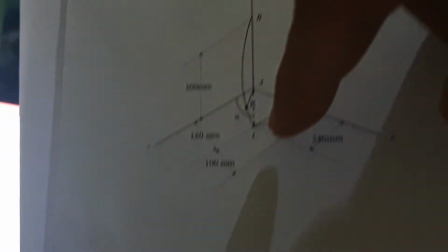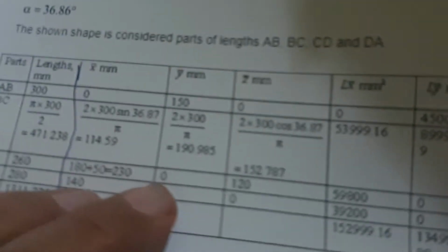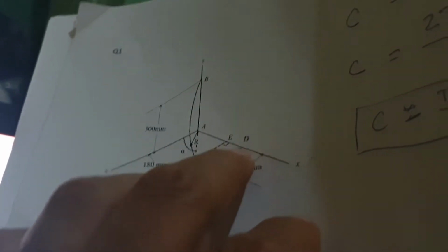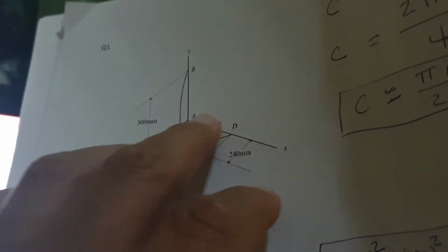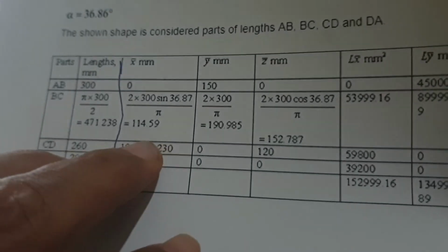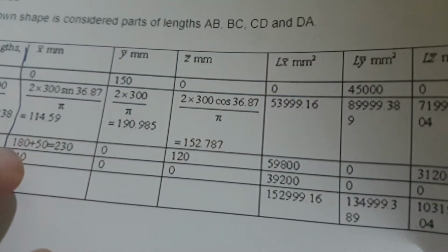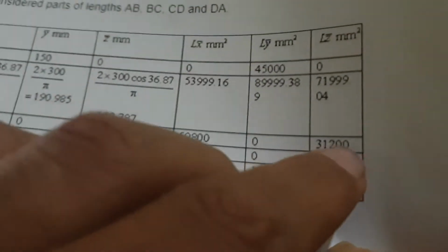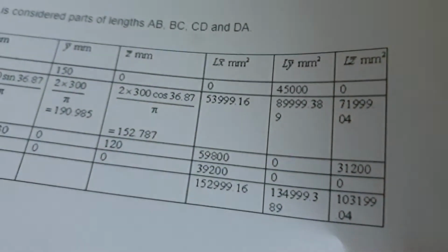And you can see that this is in the XZ plane. It is not in the Y plane. So Y bar is 0. Z bar, you can see on this side, it's 240. This is in the Z axis. 240 over 2 is 120 because the center of 240 is 120. So now length times X bar, length times Y bar, 0. Length times Z bar, this one, 31,200. So now we found each one of them.